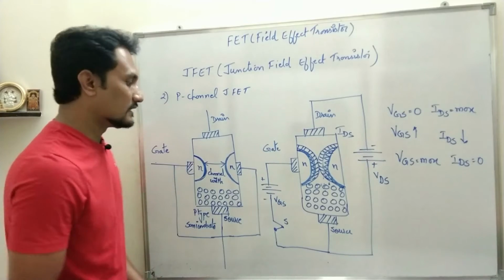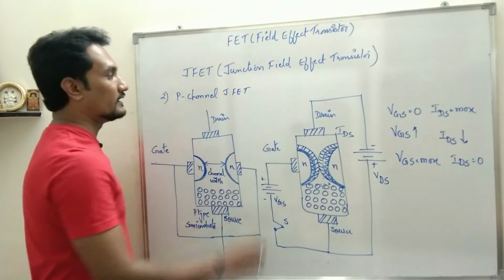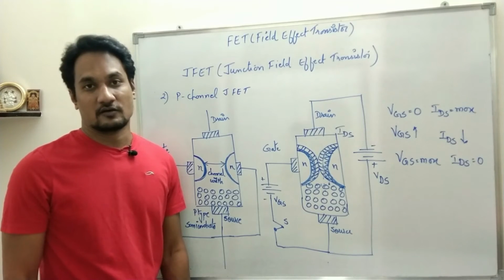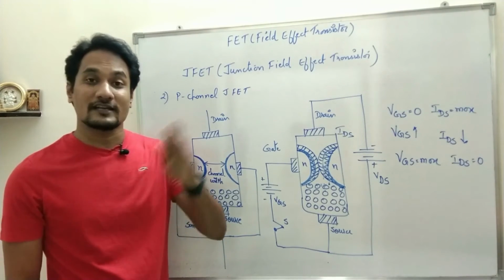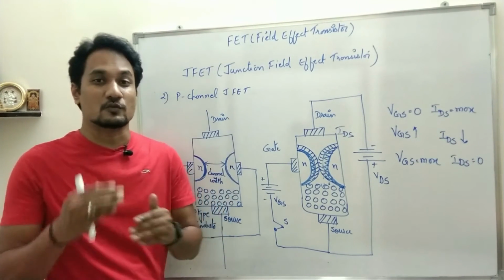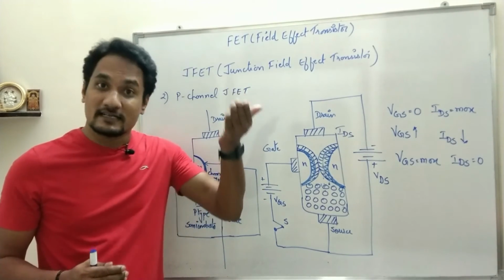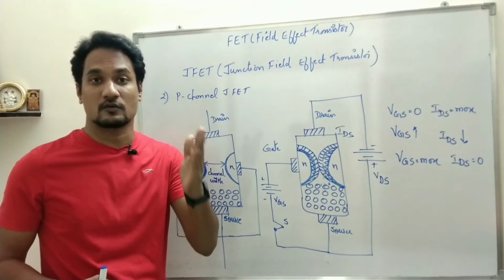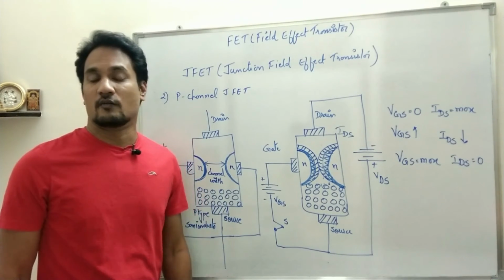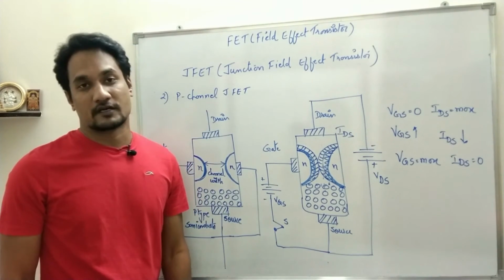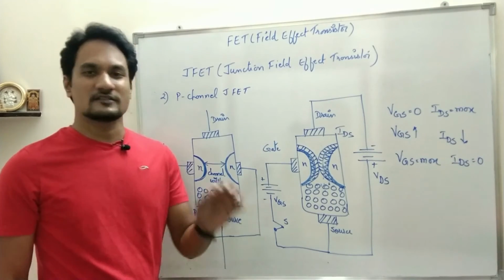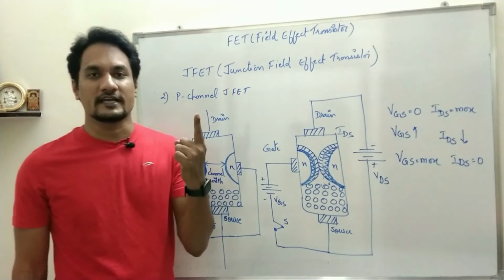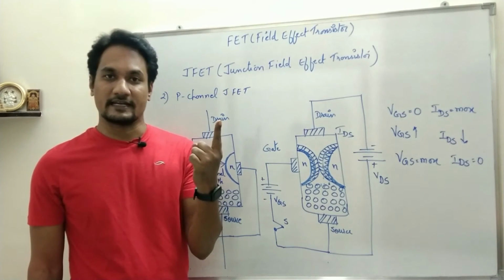So this is nothing but the construction and working of P channel JFET. Now when you correlate N channel and P channel, it becomes very easy to understand how exactly we construct a JFET and what the working of that particular JFET is. It is very simple. If you take N channel JFET, you take N type semiconductor.